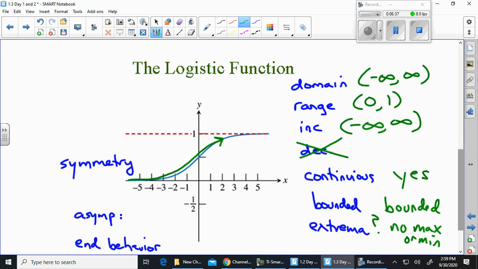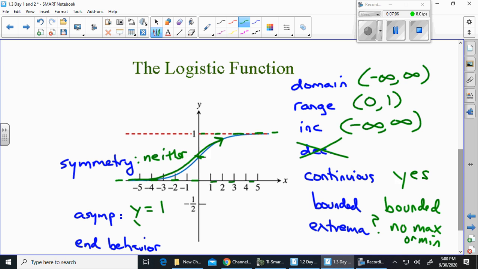Symmetry. Some people would say, yeah, it flips over this point. Well, that's not the origin. It's either even, odd, or neither. Y-axis symmetry, origin symmetry, or neither. So, neither. Asymptotes. Yes, it gets closer and closer as you go to infinity. It's getting closer and closer to 1.